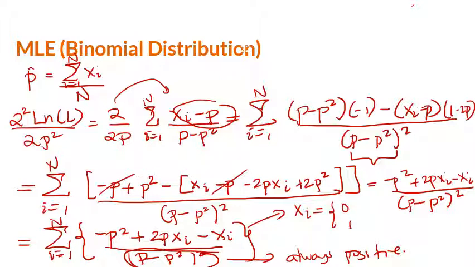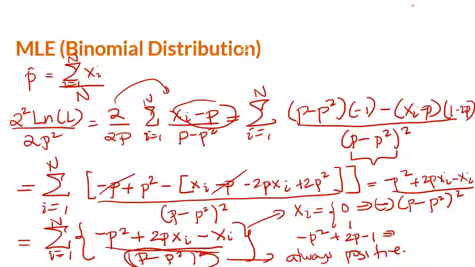So, we have now established na kapag 0 yung x_i natin, negative yung value. Negative yung term sa loob ng summation. Now, if x sub i is valued at 1, so yung numerator natin ay magiging negative p squared plus 2p minus 1.